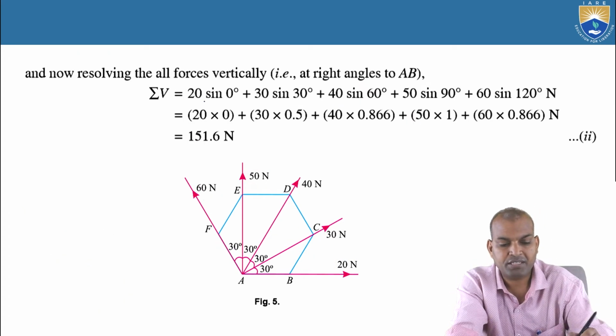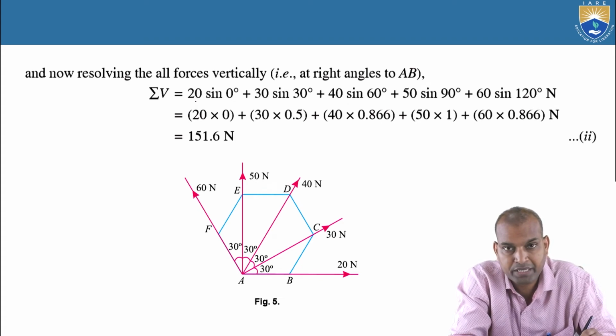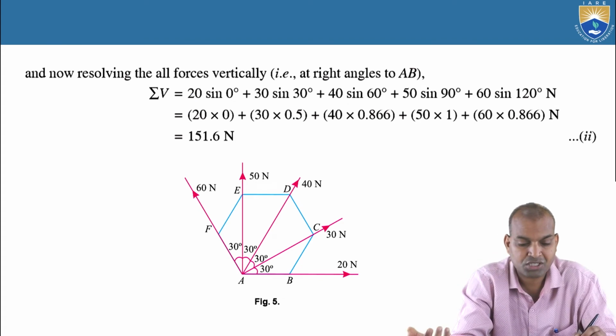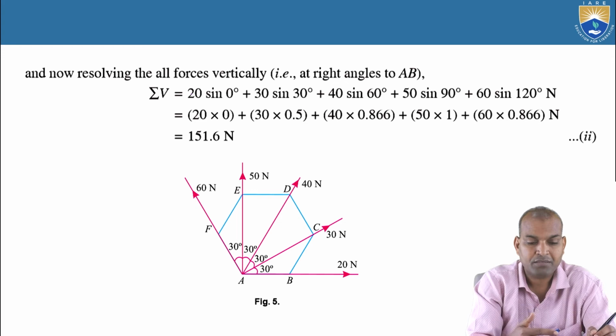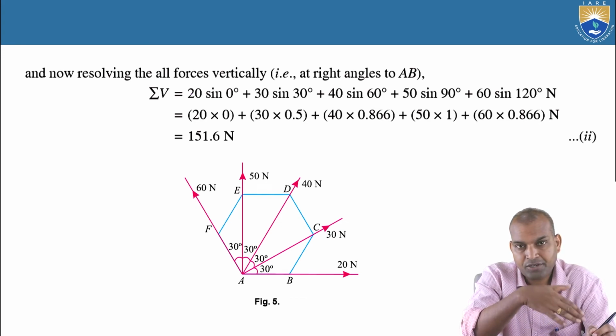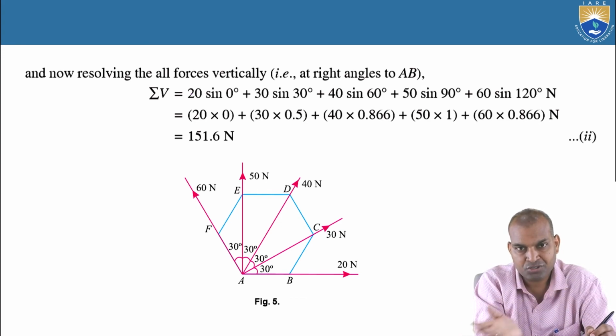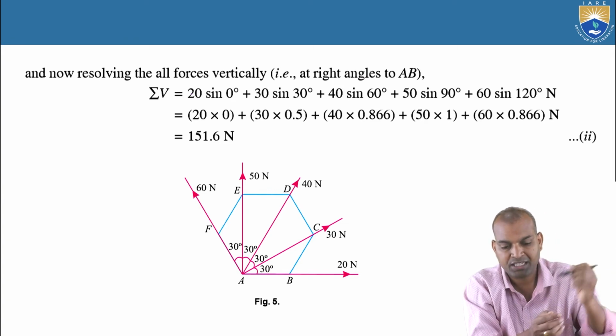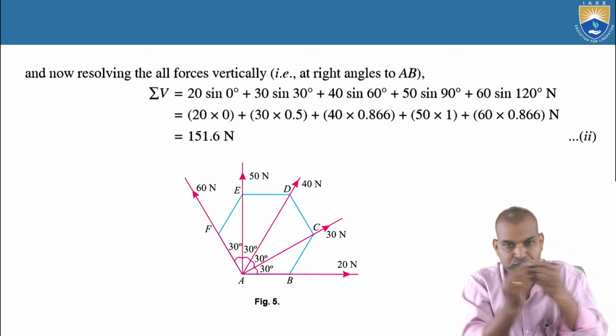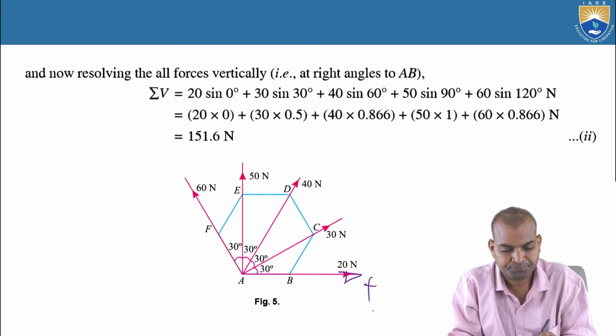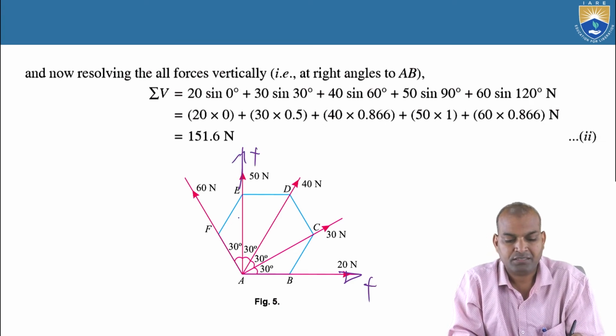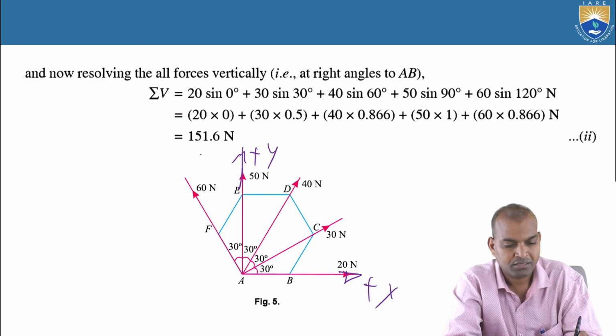This is what we followed here. That means in this method, method 2, we made all forces making angles with the positive x, resolving horizontal components in the positive direction, and positive vertical, positive y. That's why sine and cosine.